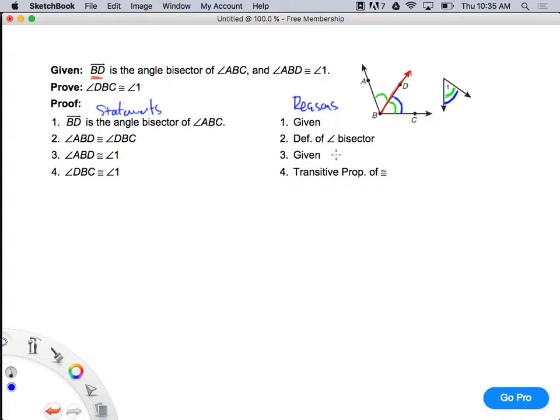And it gives me that angle ABD is congruent to angle 1. Well, if this angle is congruent to this angle, and this angle is congruent to this angle, then they're all the same exact measure. So therefore, this angle must be equal to that angle.